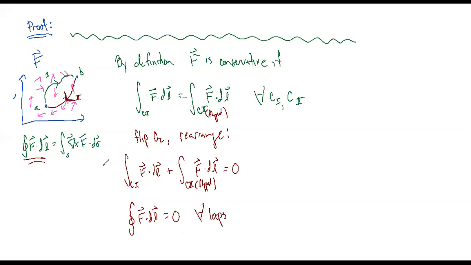Okay. What must be true if this vanishes for all loops? Well, if we look at Stokes' theorem, what does this say about Stokes' theorem? So, the integral over S of curl f dot d sigma, for all what?